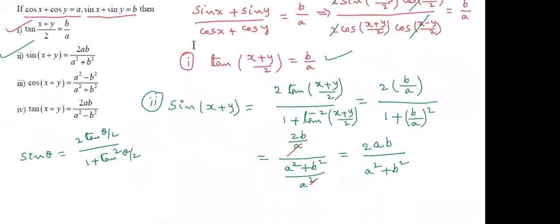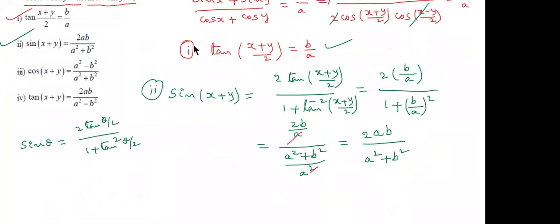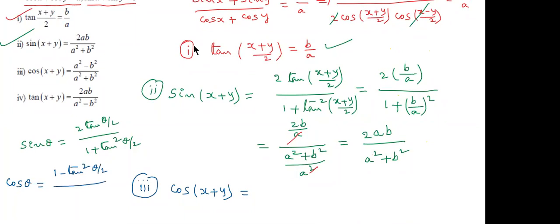Now I am going to prove the third one. Students, third one, what is there? See, cos of (x plus y). Already you know very well the cos theta formula. What is the cos theta formula? 1 minus tan square (theta by 2) divided by 1 plus tan square (theta by 2).